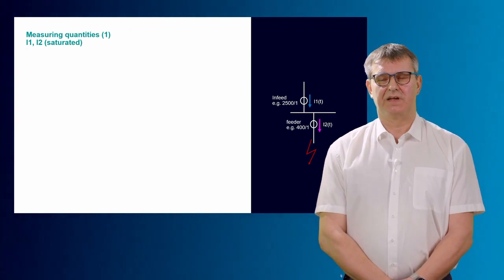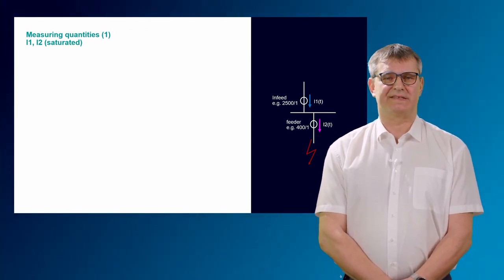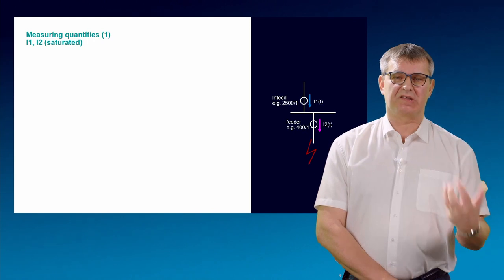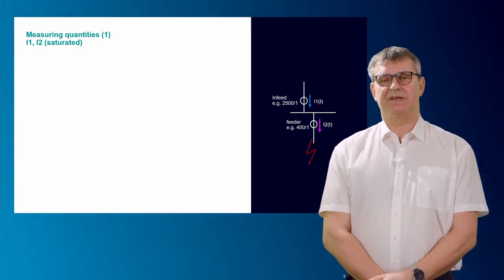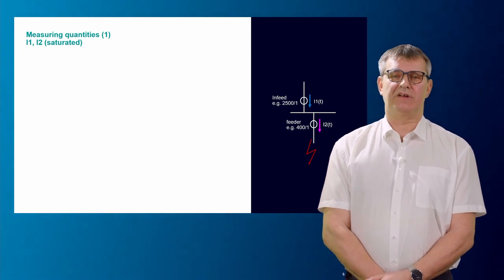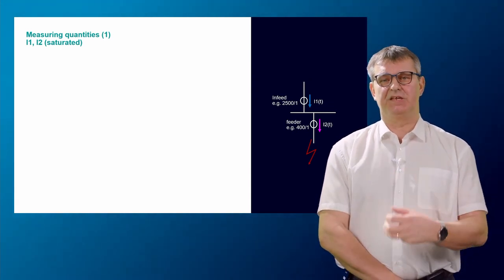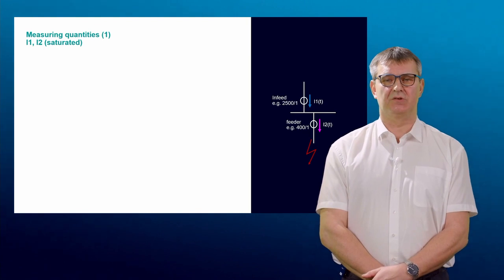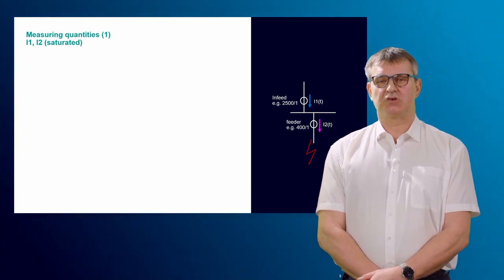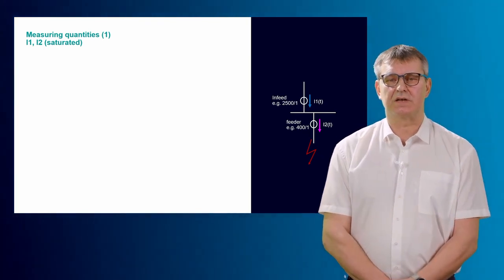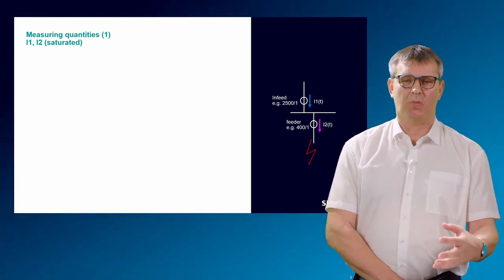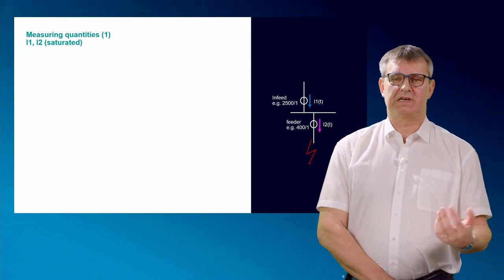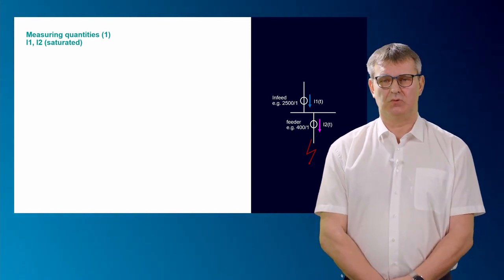Let's have some small examples. Once again, worst case. We have here a busbar example with a very strong infeed with a big CT, 2500 amps to 1, which we here call the current I1. And we have a small outgoing feeder, which we call now I2.